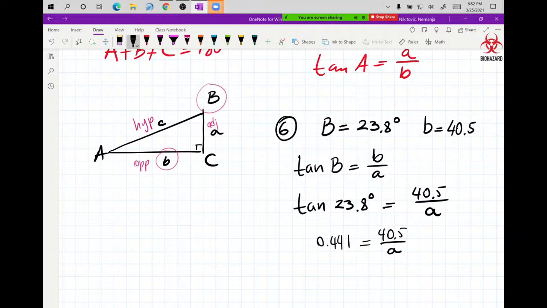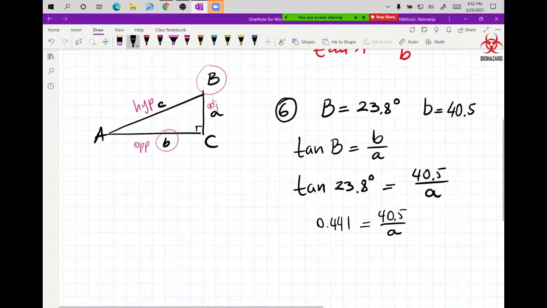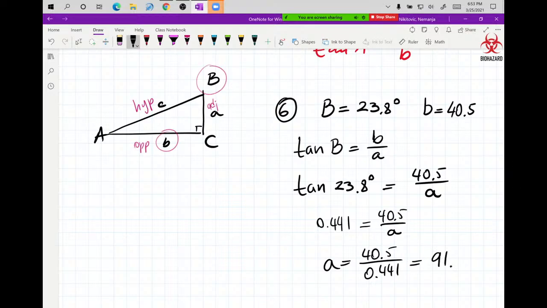And now when you solve this, right, A is equal to 40.5 over 0.441. So 40.5 divided by 0.441, and I get 91.8.